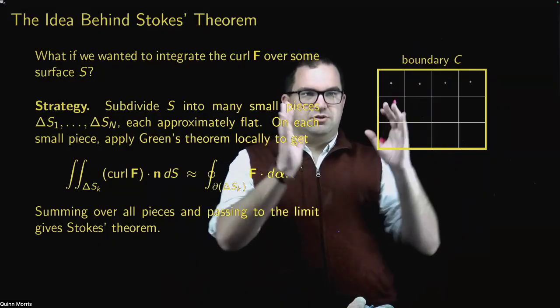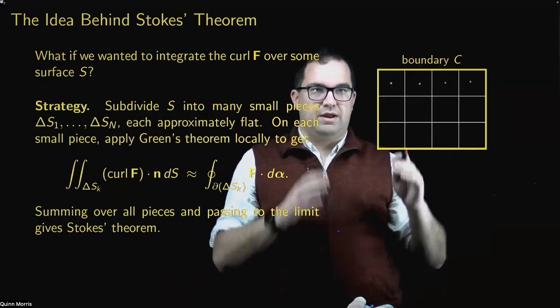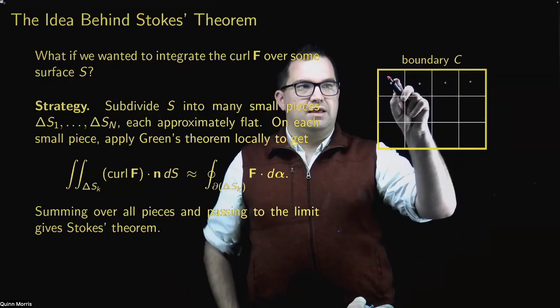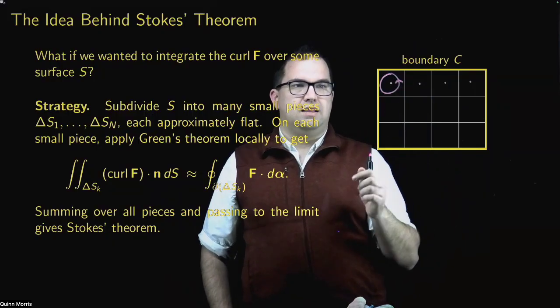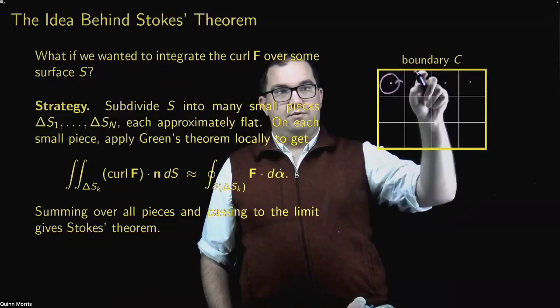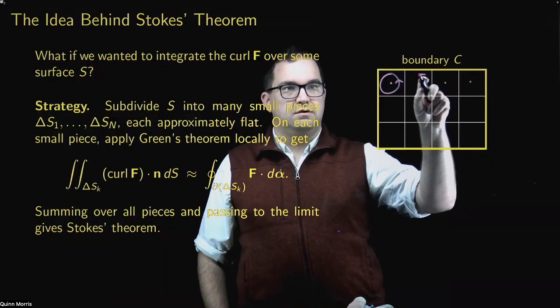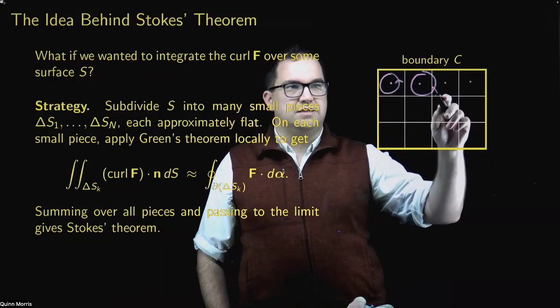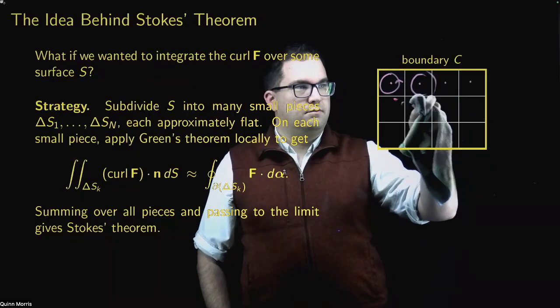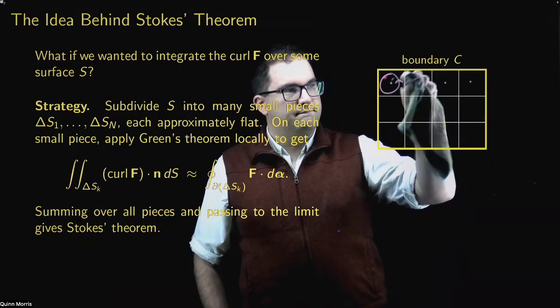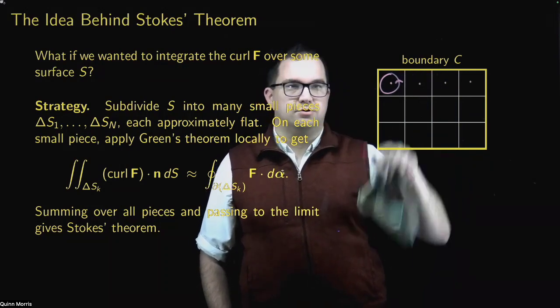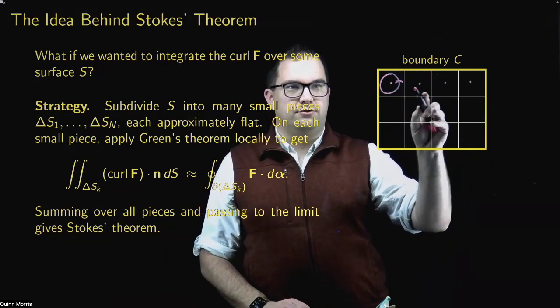But if it's continuous and we're zoomed in on one piece, if we zoom in far enough, then all the curls should either be positive or negative. So that would mean that all of these are rotating in the same direction. So the curl has the same direction. The curl is a vector quantity.